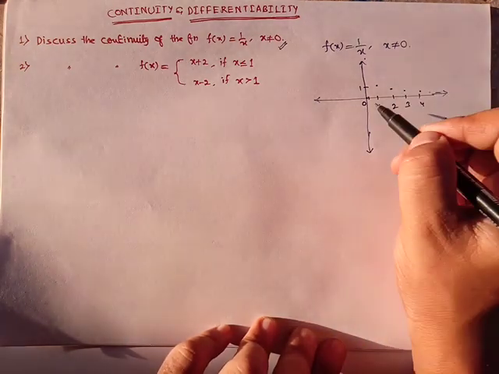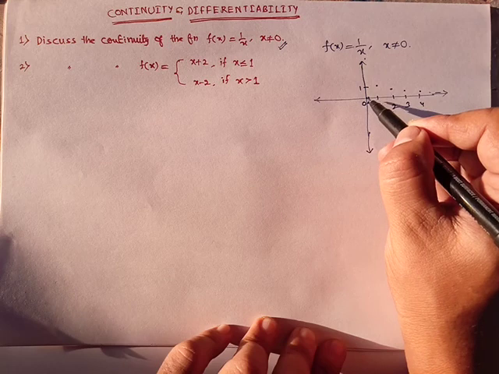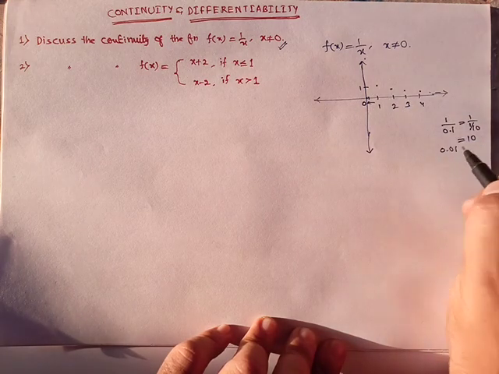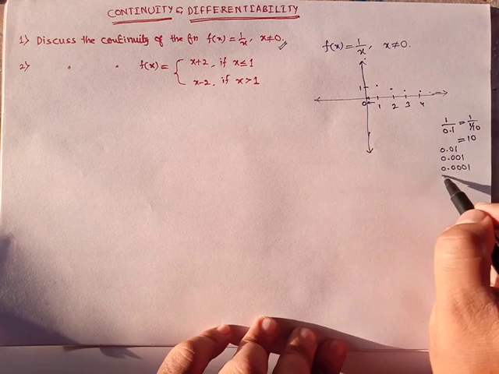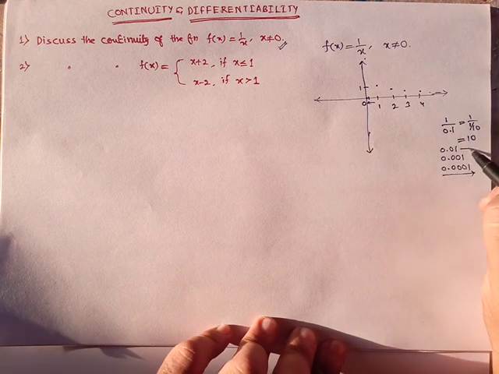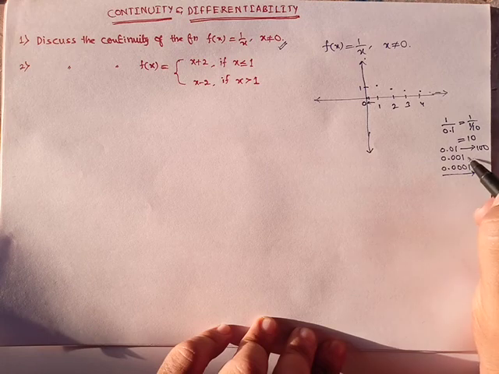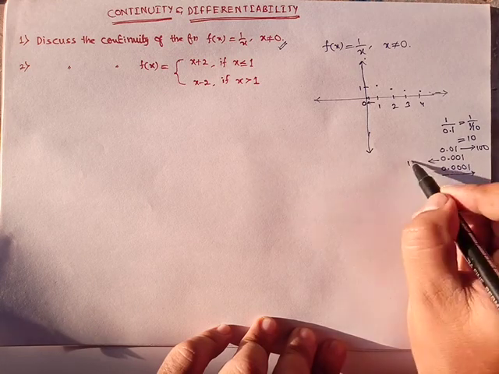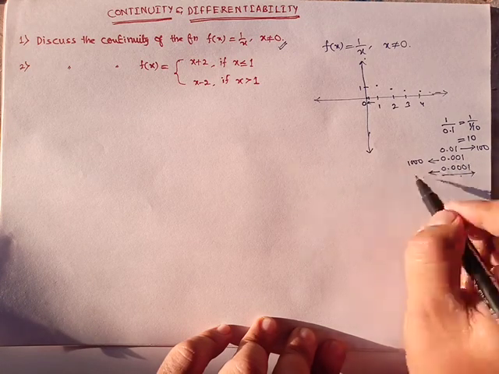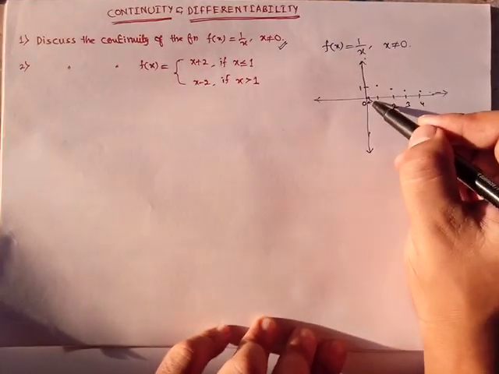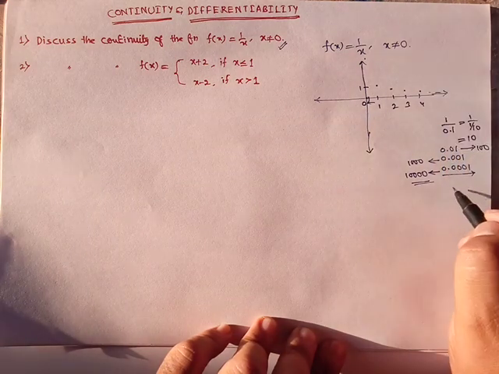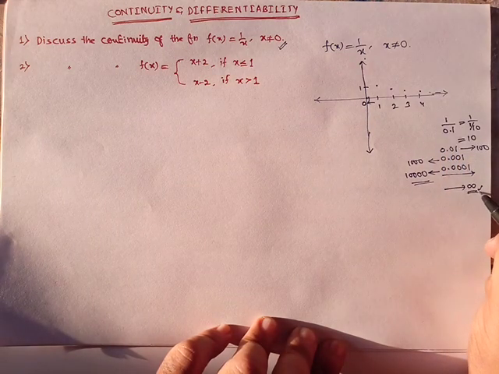If you come a little closer to 0, like 0.01, 0.001, 0.0001, the values reach 100, 1000, 10,000, and so on. If you come very close to 0, the value reaches positive infinity.